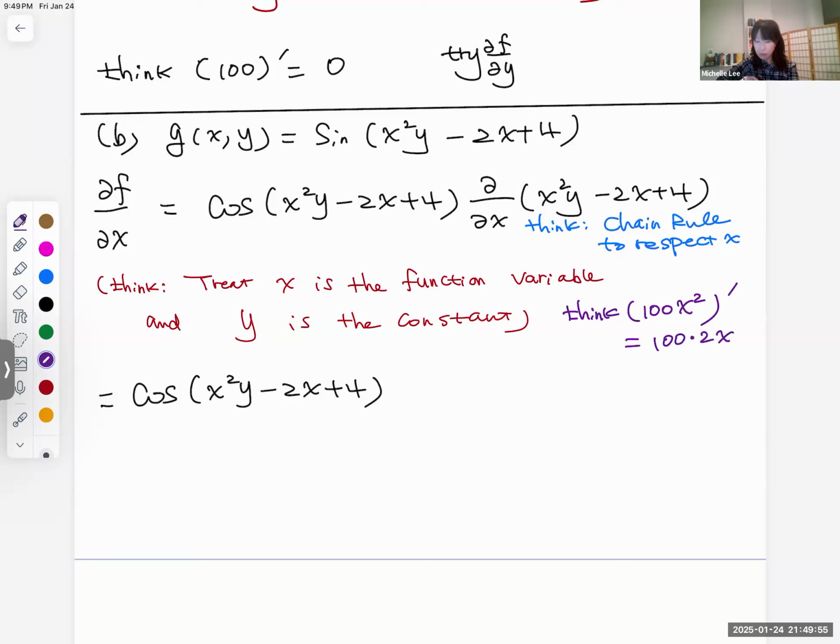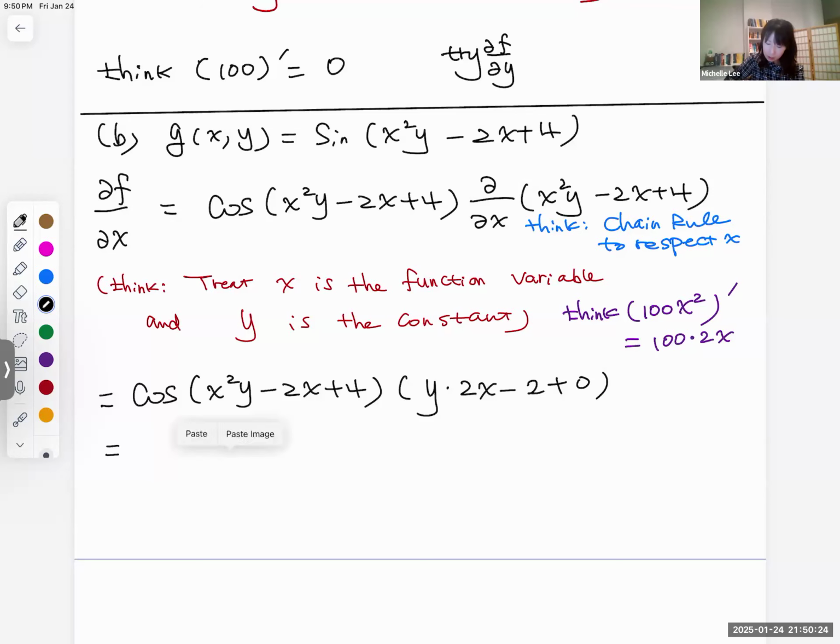Okay. So there will be y times 2x then, right? Make sense? Okay, the derivative of negative 2x is negative 2. Last term, real constant, which is 0, right?